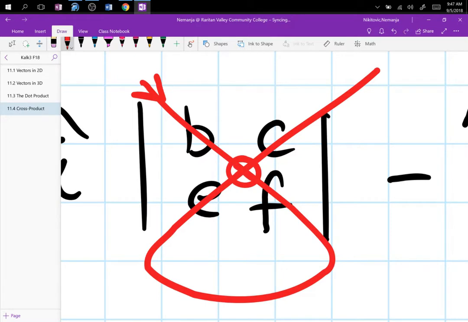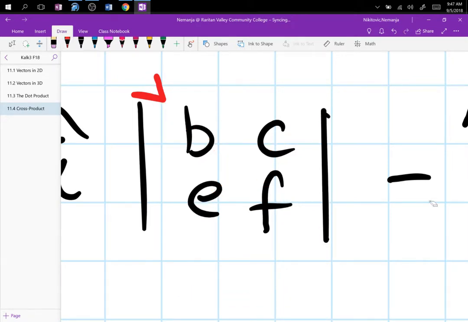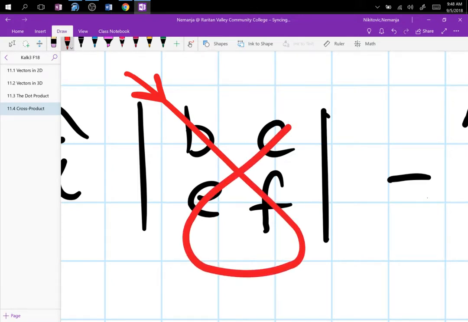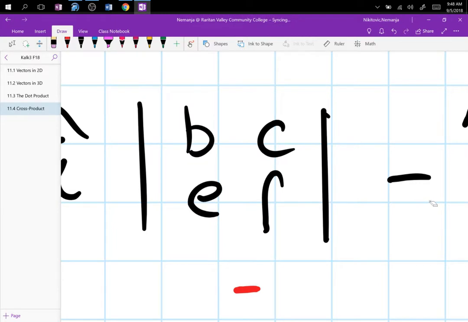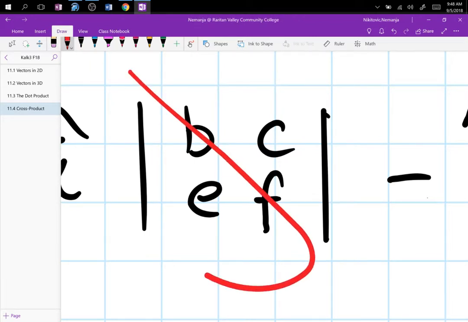There's times, right? So B times F minus E times C, and then you're out. Here's a minus, it's flat, and there's your multiplication with a little x in the middle. So it's very simple to put this thing together. One more time, B times F minus E times C, and you're out.